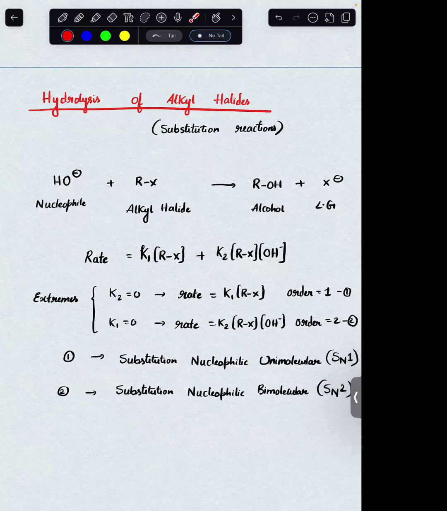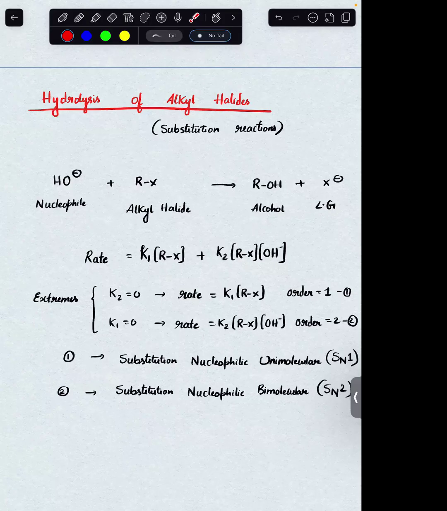Don't worry. If I want to write the rate of this reaction, this is the experimentally determined rate expression: rate equals K1 into the concentration of RX plus K2 into the concentration of RX and OH minus. What does this convey? It conveys that for some molecules the rate depends only on the concentration of RX, while for other molecules the rate depends upon the concentration of RX as well as OH minus.